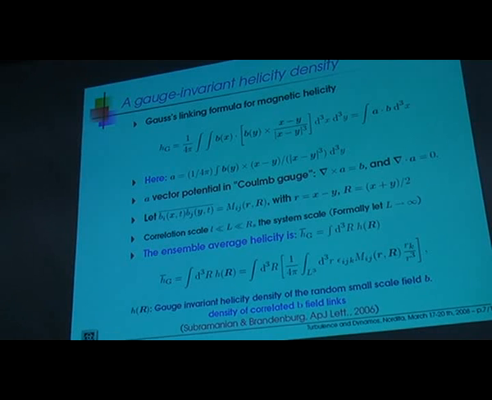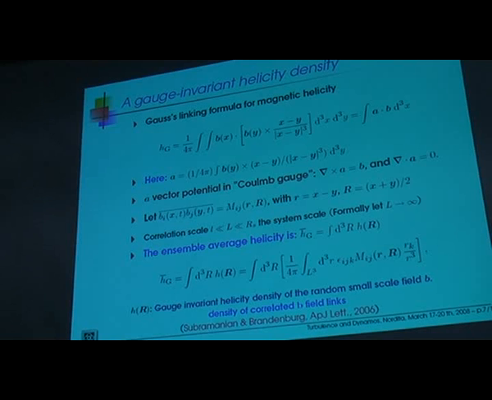was motivated by taking a step back. People have brainwashed you by saying that helicity is A dot B. Actually helicity is not A dot B, it's measuring the linkages of the fields. So you should go back and ask what measures linkages of fields. And actually it's Gauss's formula which measures linkages of curves.